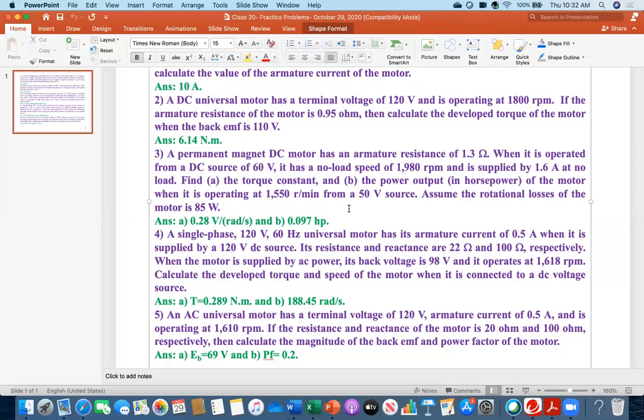If you are done with number 1 and 2, then start number 3. If you are done, always try the next one. That's why the answers are written. You match with the answers and keep trying.